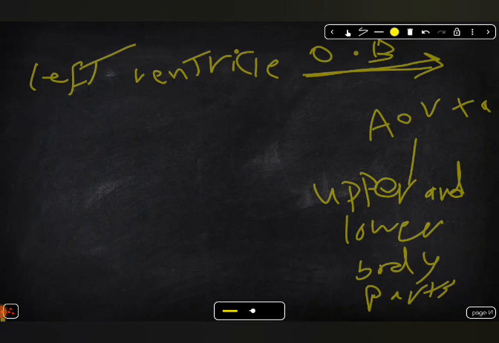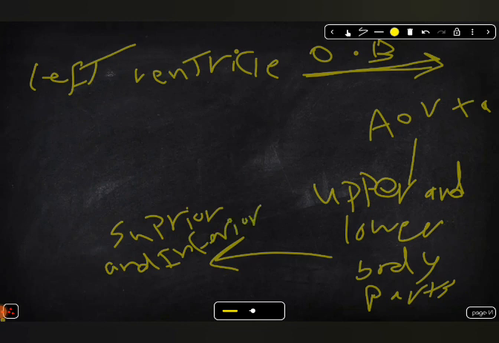The upper and lower body parts will take the oxygen from the blood and will give the blood the carbon dioxide gas and H2O, and then the blood will go to the superior and inferior vena cava.